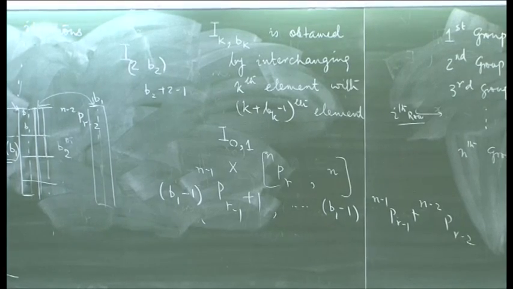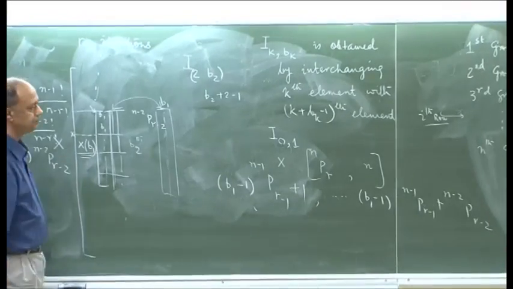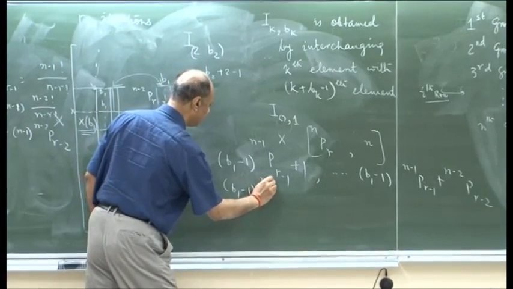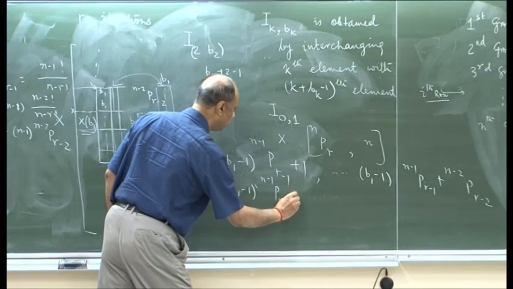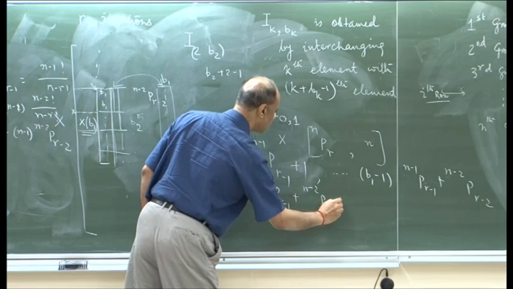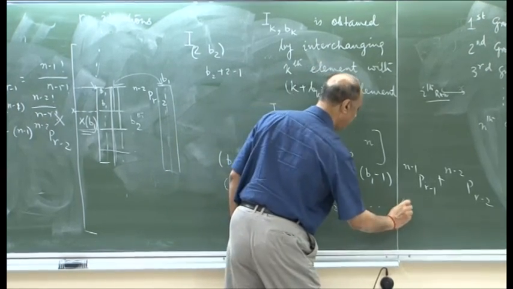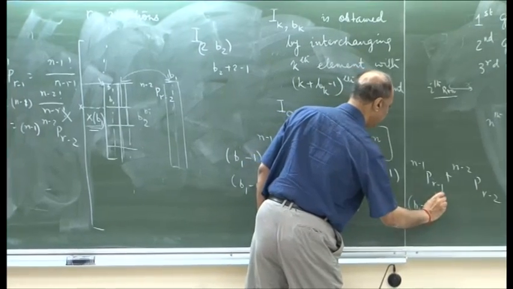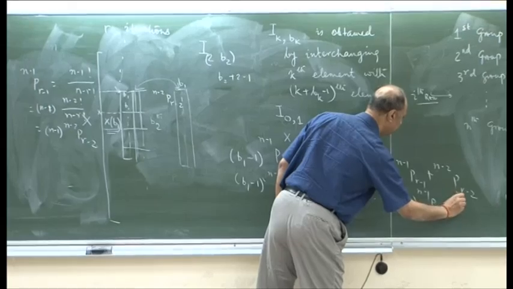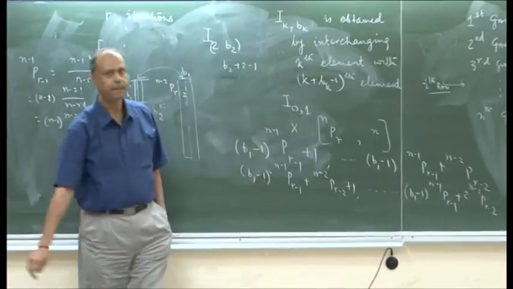What is the starting index of this and end index of this? It will be B1 minus 1, n minus 1 PR minus 1 plus n minus 2 PR minus 2 plus 1 to B1 minus 1, n minus 1 PR minus 1 plus 2 times n minus 2 PR minus 2, and so on.